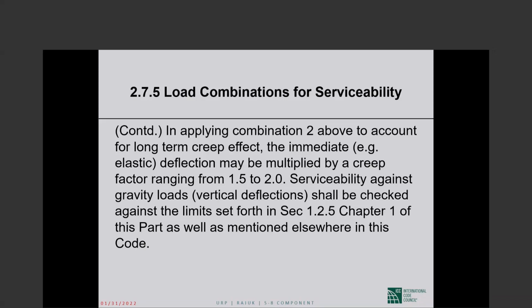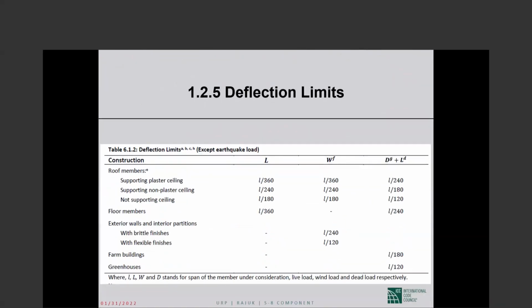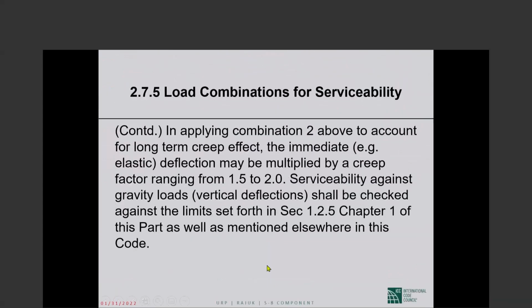Serviceability against gravity loads, which are vertical deflections, shall be checked against the limits set forth in section such and such, as well as mentioned elsewhere in this code. And you will see the deflection limits in this table, which is part of section 1.2.5.